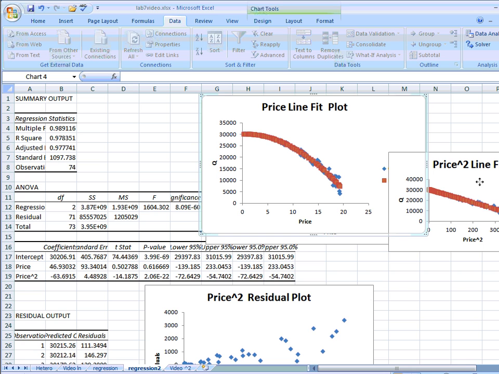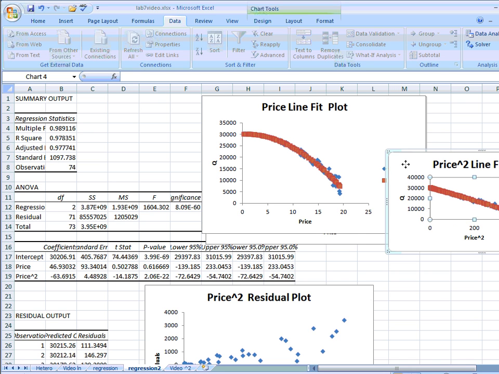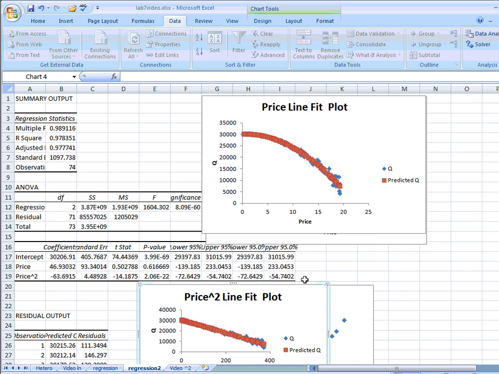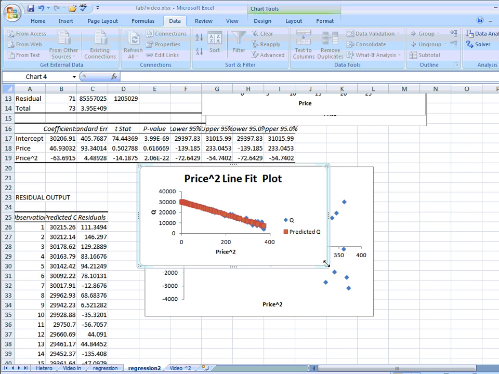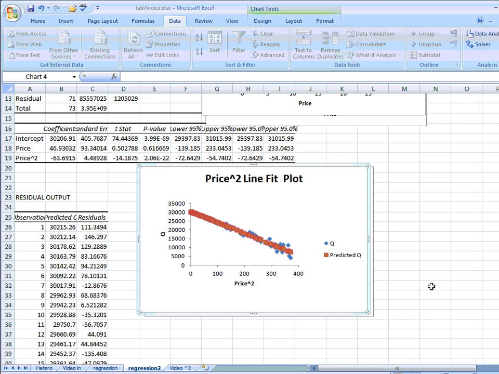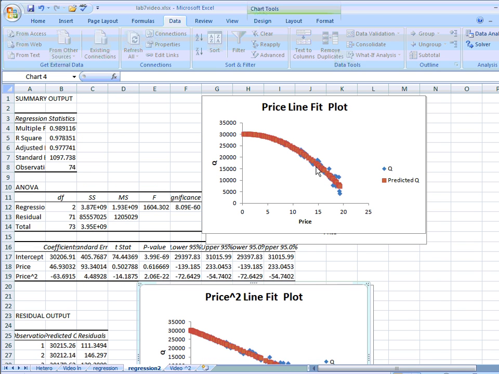It's above and below. Make this one bigger. Again, it's both above and below. In both of these cases, you can see a heteroscedasticity problem because it goes above and below farther at the end and at the beginning.